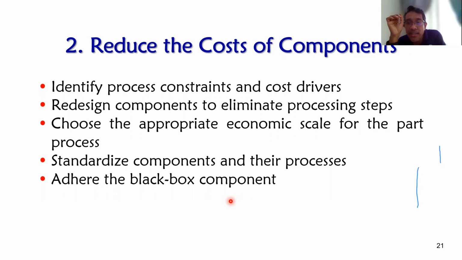So what is the black box? Black box is one approach to the supplier when they want to order the component. They just describe not what the component is, but what they want.